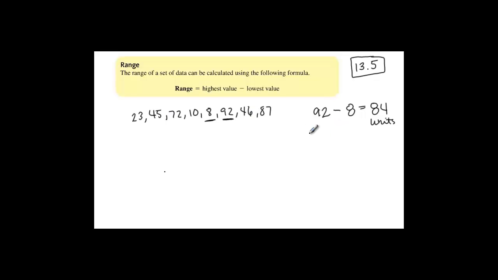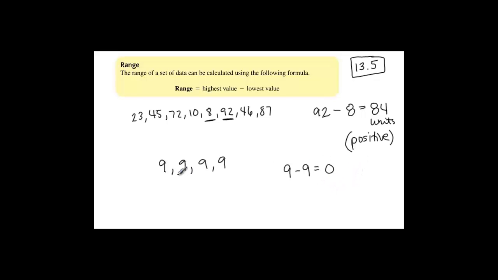Now, when we have a range, because we're subtracting, taking the highest value minus the lowest value, our range is always either going to be positive, or it's possible, if, let's say, we have a set including the following pieces of data: 9, 9, 9, and 9. So if from that set I took the highest value and subtracted the lowest, I would end up with a range of 0.